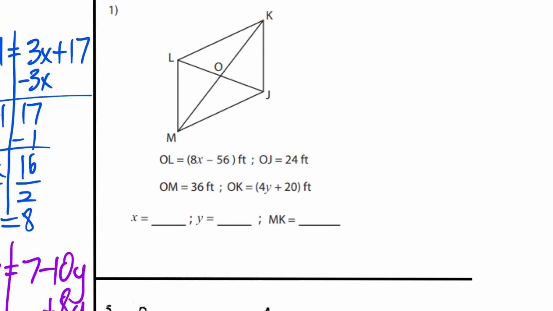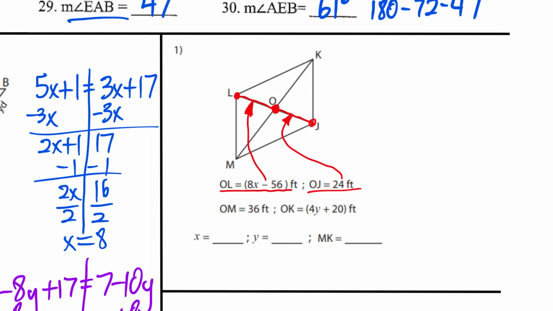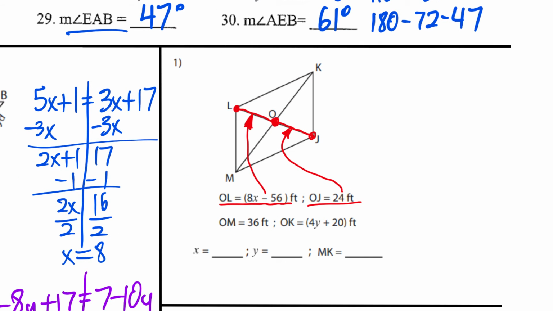Okay, on this one it says that OL is 8x minus 56, so that is right there. And it says that OJ from here to here is 24. Okay, so what do we know about those two pieces right there? They're equal, okay?